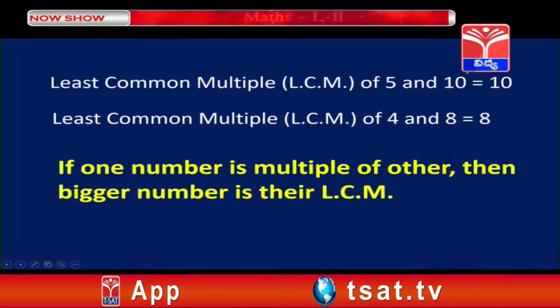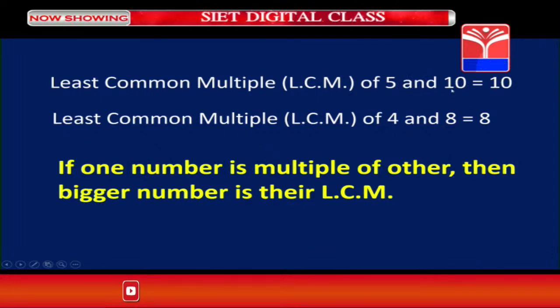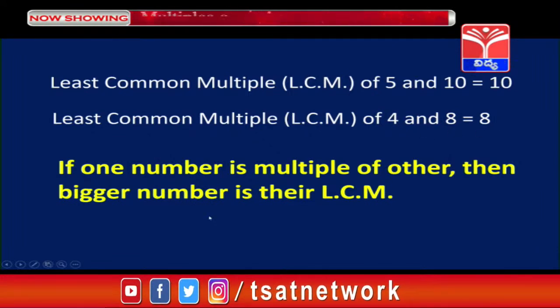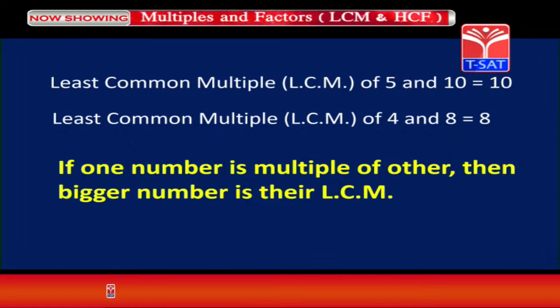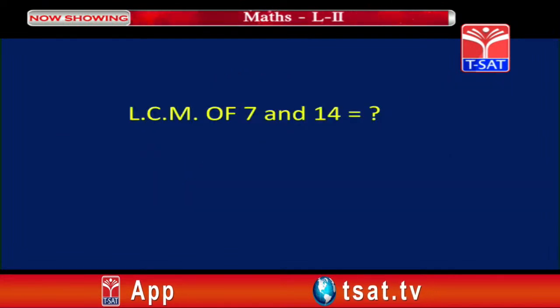Here 10 is a multiple of 5, hence 10 is the LCM of 5 and 10. 8 is a multiple of 4, hence LCM of 4 and 8 is 8 here. Without writing all the multiples of two numbers, if one number is a multiple of the other, we can write the LCM as the bigger number.